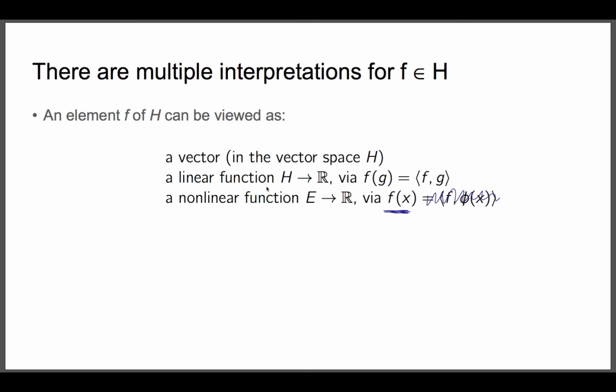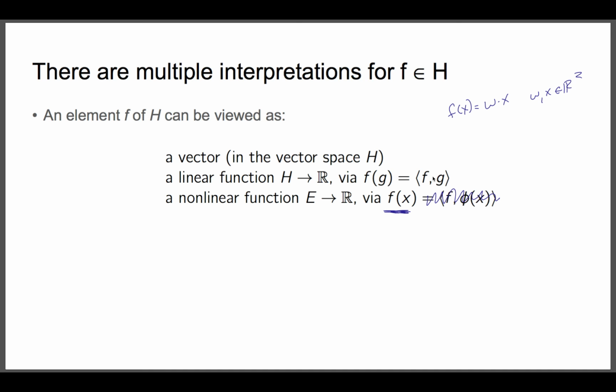Just like w dot x is a linear function of x for w and x in R2, you can also take f and interpret it as a linear function on our vector space of functions.